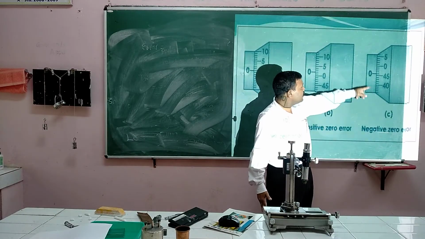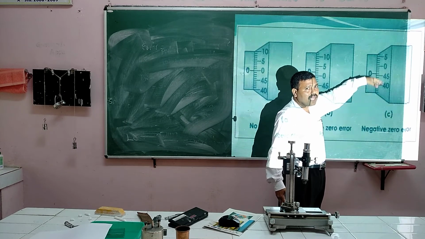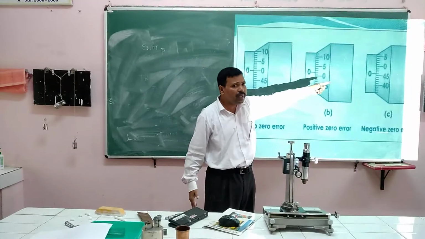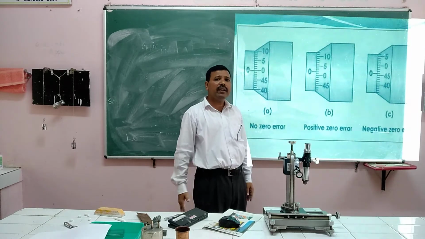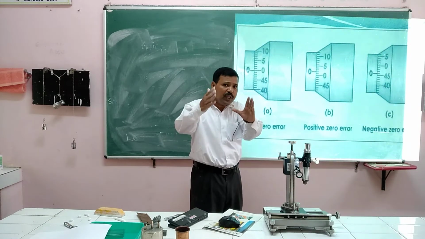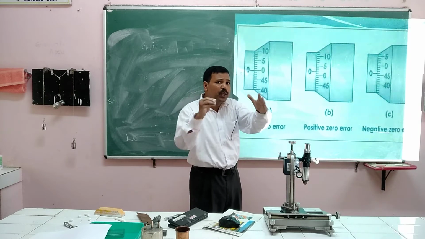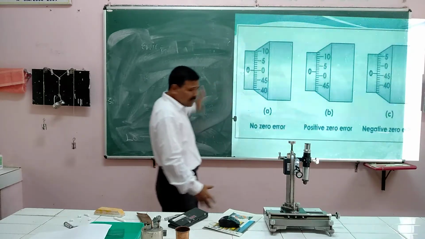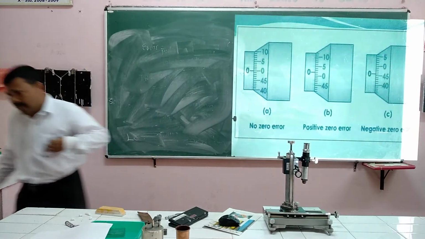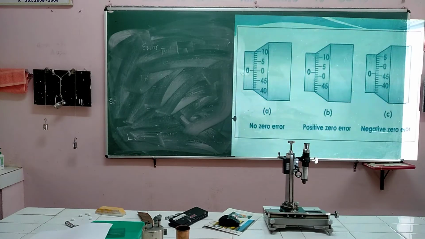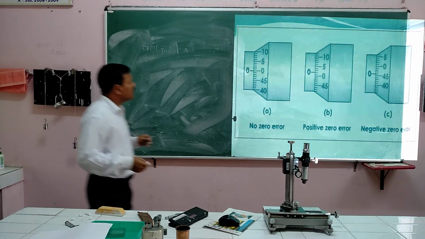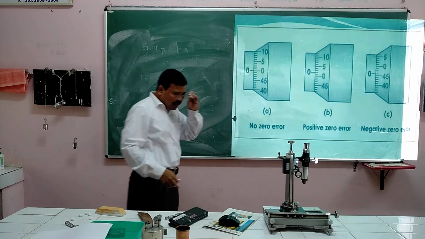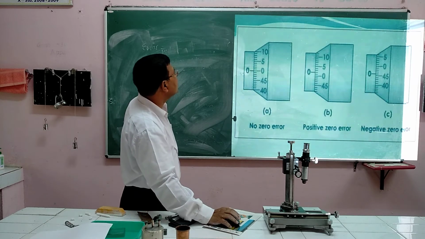Look here, the zero of the circular scale lies above the reference line, and that micrometer contains negative error, and the negative error should always be added to the measured value. Fine. Here there is one more diagram.